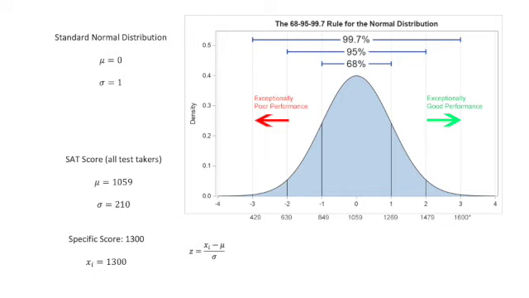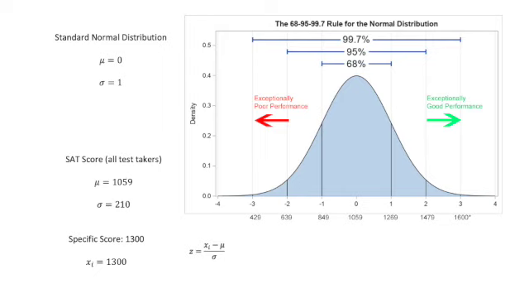So a real easy example: if the value we want to test is 1059 for our SATs, 1059 minus the mean of 1059 is 0. 0 divided by 210 is 0. So we would be at the 0 point on the standard normal distribution.